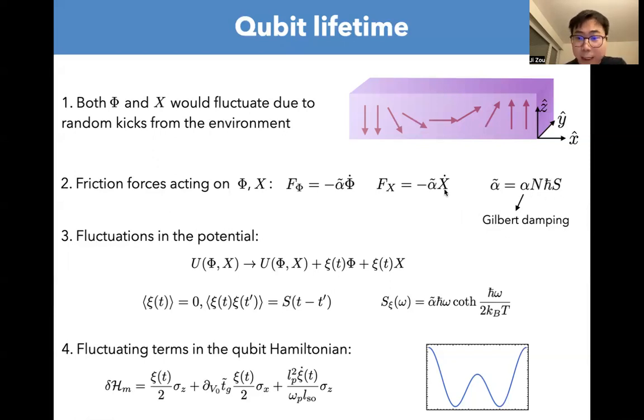And once we have this dissipative force, according to the fluctuation-dissipation theorem, we can write down this fluctuation in the potential energy directly. So this random variable C has a zero mean, and the spectral function is given by this form with the prefactor alpha tilde.